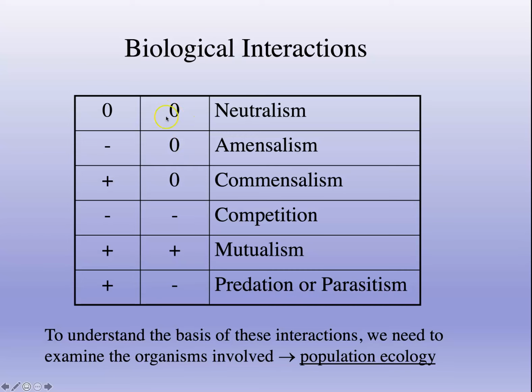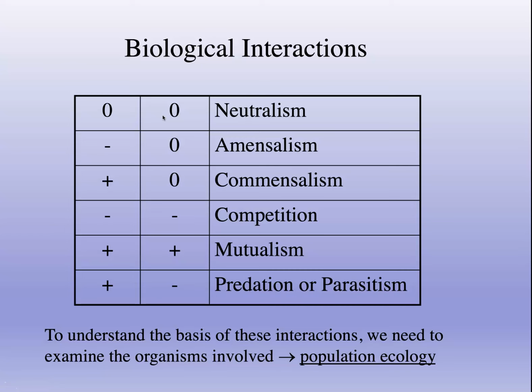So let's look at all these different things, what this table means. Neutralism is a relationship between two species. So these first two columns are the two species, and we're looking at the relationship between pairs of species. Neutralism essentially means that neither species cares whether the other species is around.